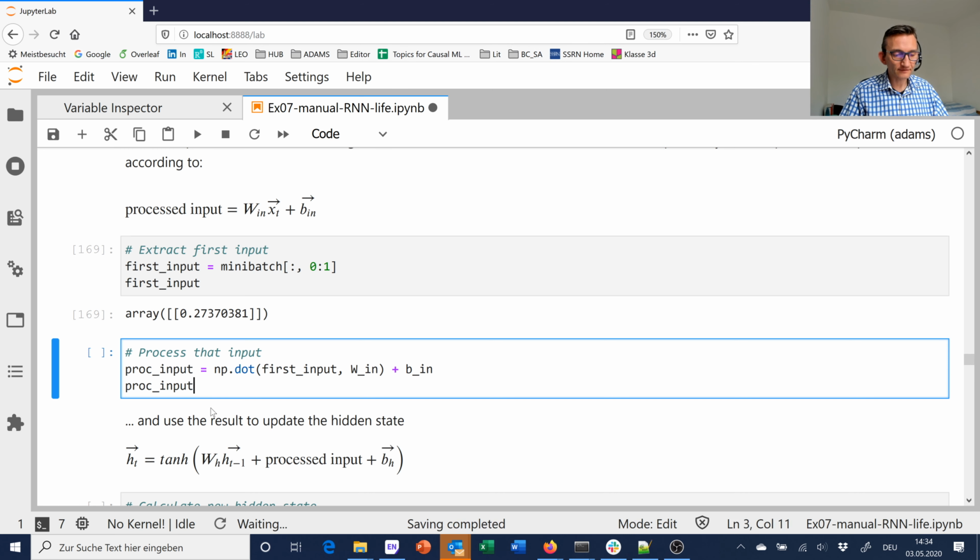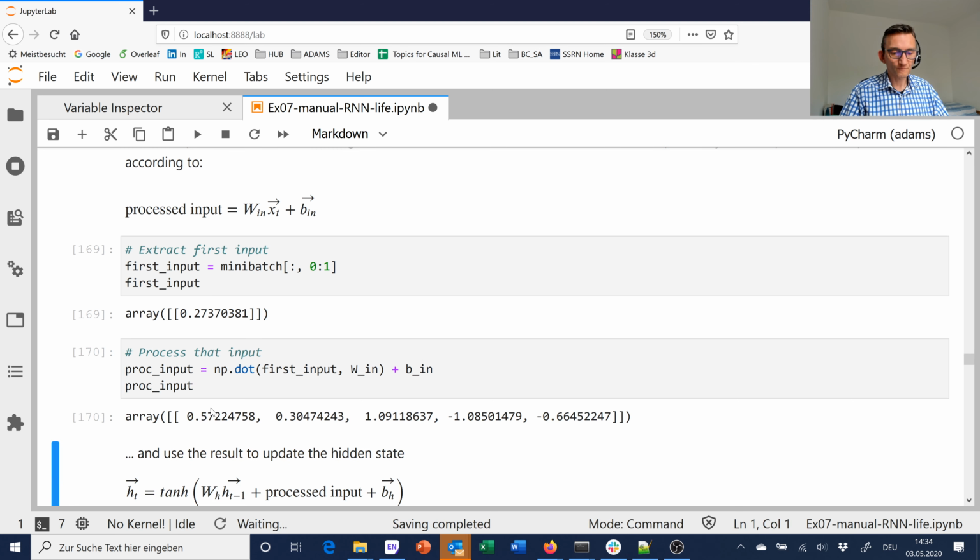Okay, and there we are. That gives us an array with 5 elements. 5 is brilliant because that's what we need to integrate that with the hidden state, what we will do next.